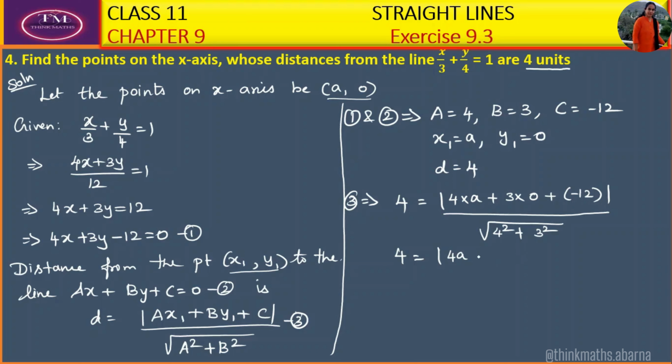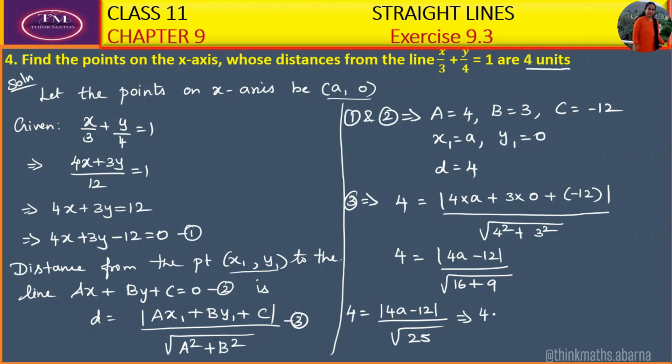Divided by square root of 4 fours are 16 plus 3 square is 9. So 4 equal to modulus of 4a minus 12 divided by square root of 16 plus 9 is 25.